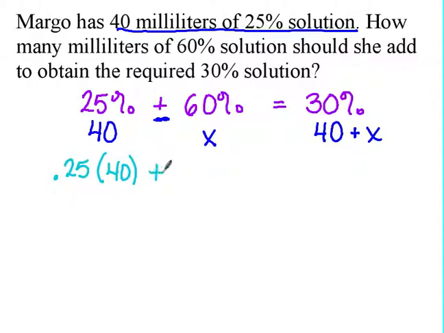And then plus 0.6 times X equals 0.3 times 40 plus X. So remember, all we're doing there is multiplying the purple and the blue.